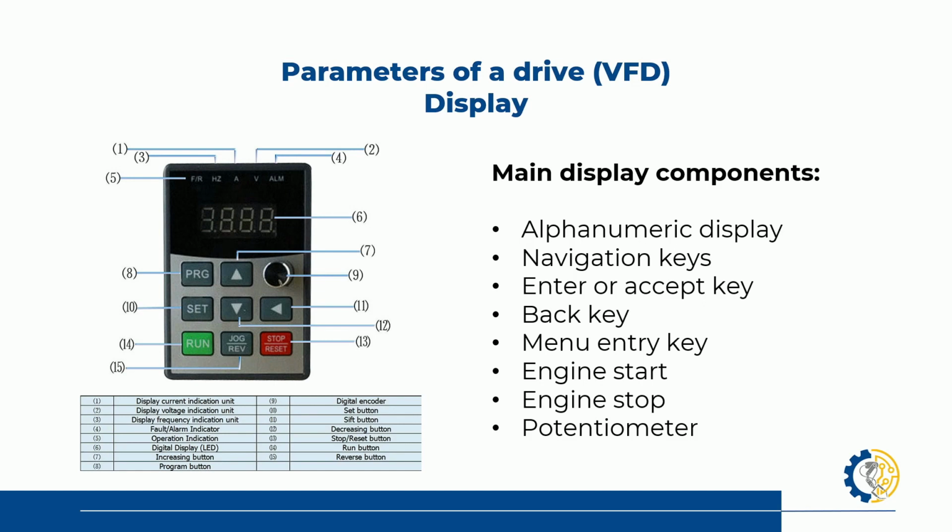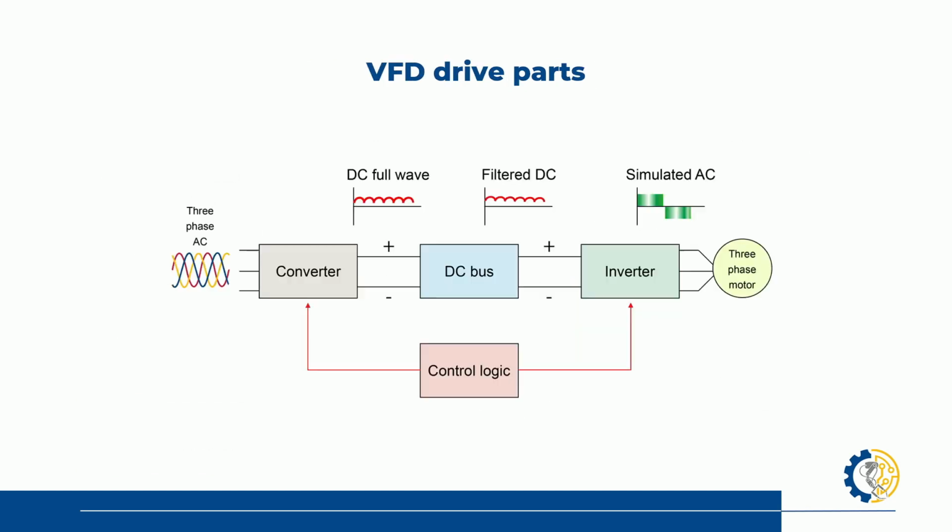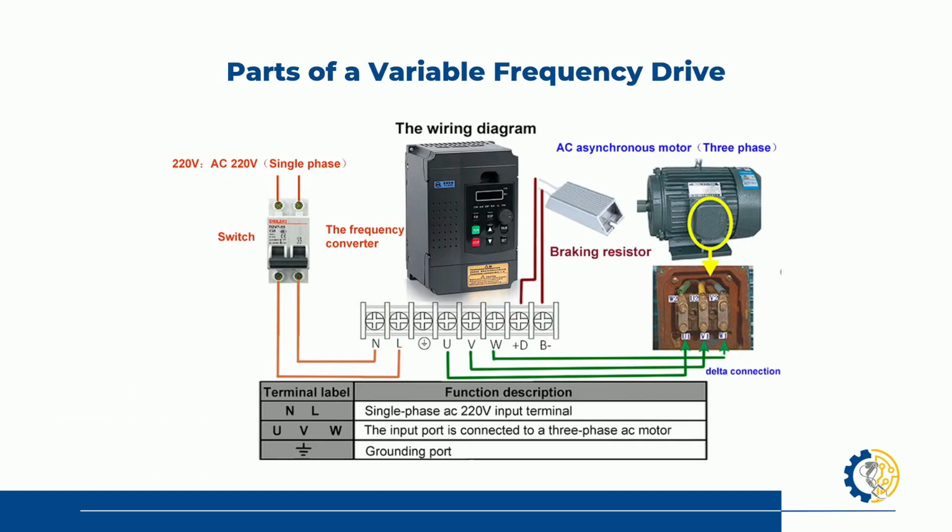Okay? Now, for this, we are going to start analyzing our display. Or, rather, our operator interface. What is this? This is basically our drive. This is our complete drive, but we have a small display.